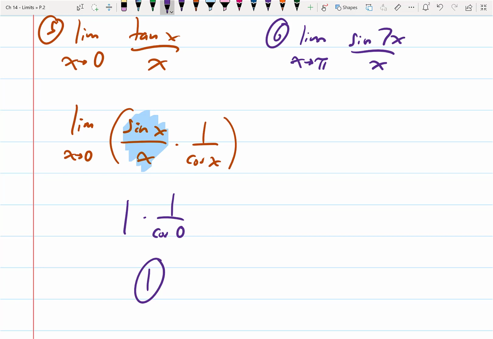We had to do funky things because we were dividing by 0 with x approaching 0. Are we dividing by 0 here? If I substitute it directly in, I get the sine of 7 pi over pi. What is the sine of 7 pi? Sine of pi, which is 0. Because at pi and at 0, there is no y value. That's on the x-axis. So this is 0 over pi, and 0 over pi is 0. That's proper 0. That's good 0.